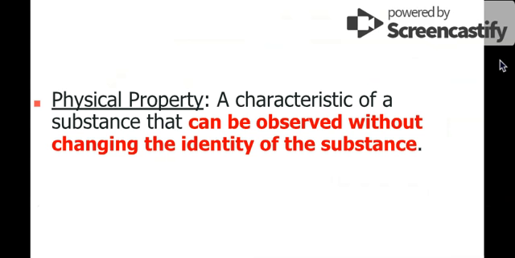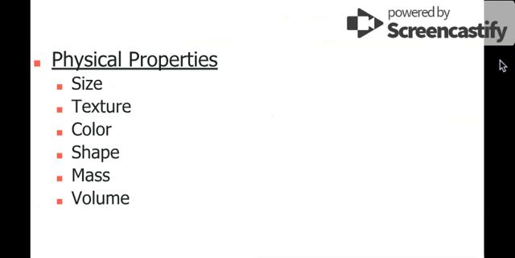So, what are examples of physical properties? Examples are size, texture, color, shape, mass, and volume. If you look at these examples, they describe how you sense the object, what you observe with your senses about that particular object.